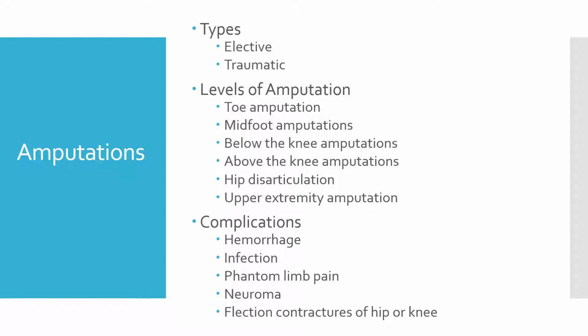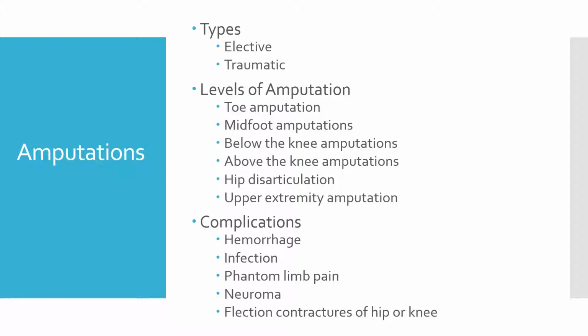Mid-foot amputations are common for peripheral vascular disease. Below the knee amputations, effort is made to preserve the knee joint. Above the knee amputations means that they had to come above the knee. Hip disarticulation is removal of the hip joint.